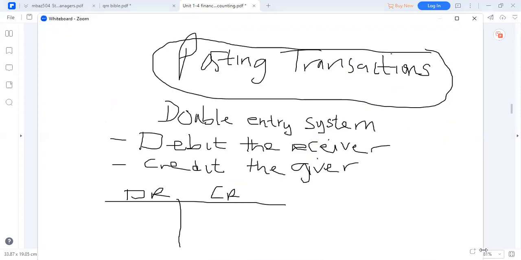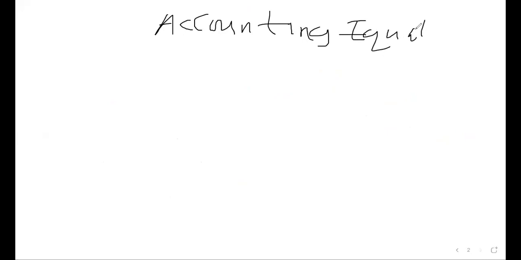Our accounting equation is just given by total assets.